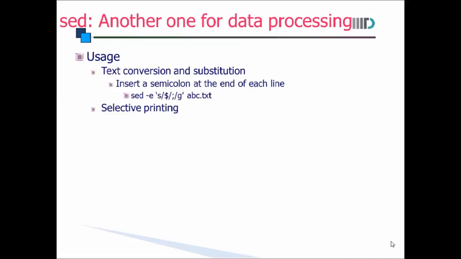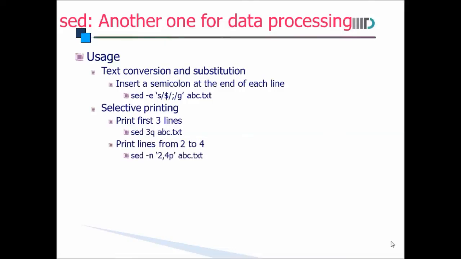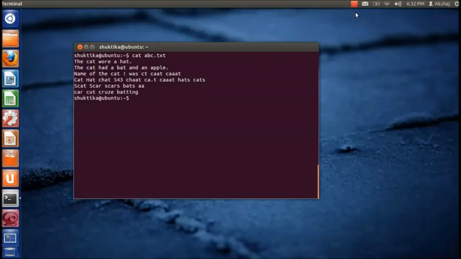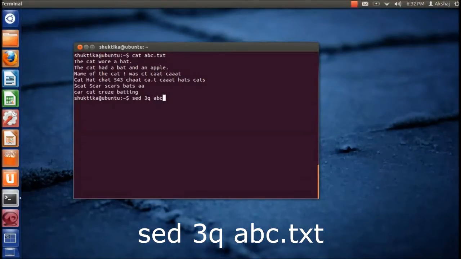Selective printing and deletion can also be done using the sed command. If we want to print the first 3 lines, we can use the following command.